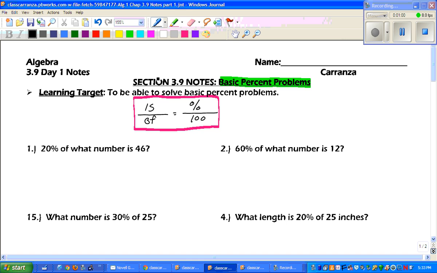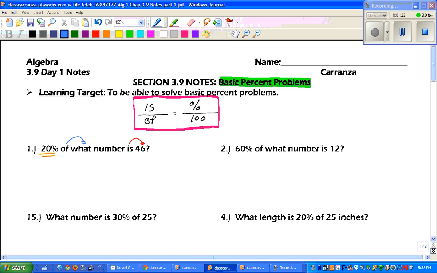In problem number 1, it says 20% of what number is 46. So let's take a look and see what we got. We've got 20% right there. Of what number? I see that is 46.